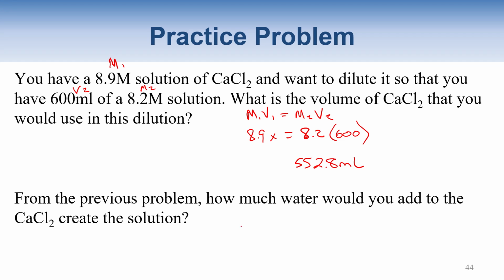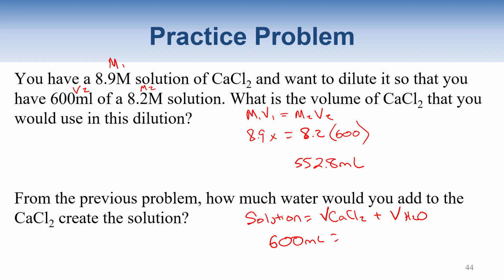Well, our solution equals the volume of the calcium chloride plus the volume of water. The solution that we want to make is 600 mils.